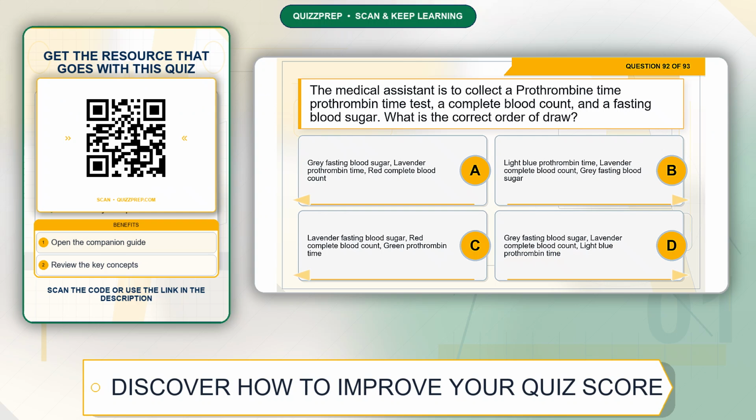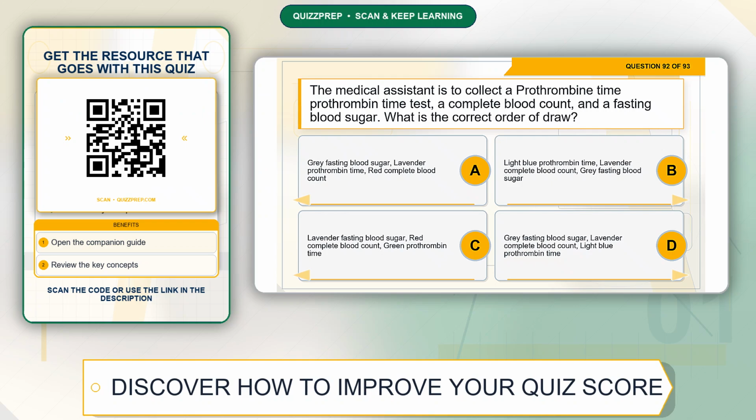Question 92. The medical assistant is to collect a prothrombin time test, a complete blood count, and a fasting blood sugar. What is the correct order of draw? Option A, gray fasting blood sugar, lavender prothrombin time, red complete blood count. Option B, light blue prothrombin time, lavender complete blood count, gray fasting blood sugar. Option C, lavender fasting blood sugar, red complete blood count, green prothrombin time.